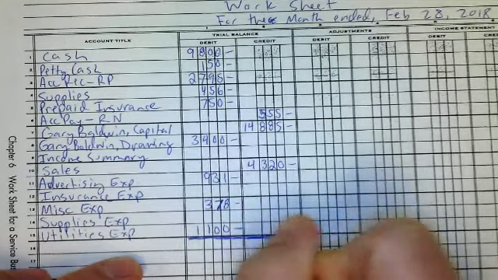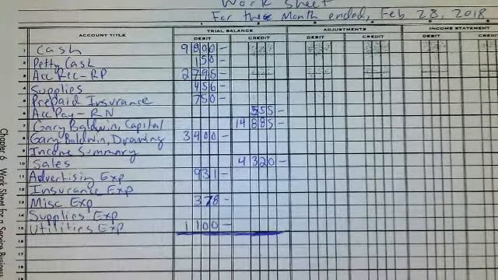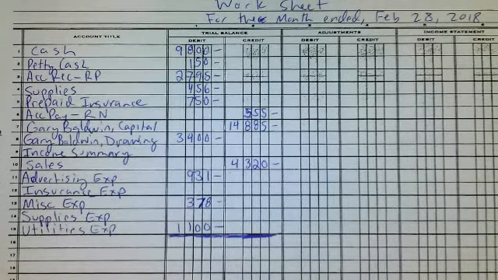So it's one single line, and then you add up all your debits and you add up all your credits.